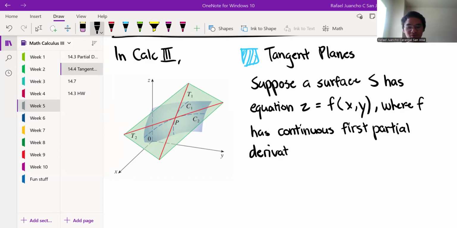Just pure, smooth, continuous, no sharp points. And here in 3D, it's the same thing. In order to take partial derivatives, one of the conditions is that our function f has to be continuous.